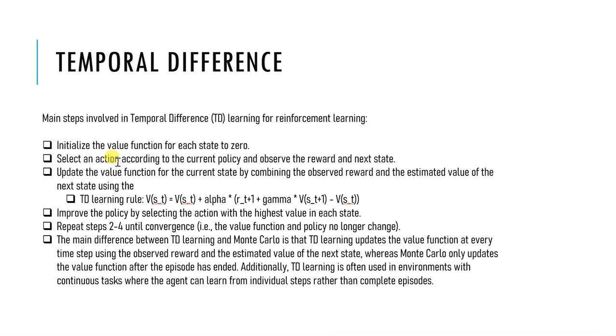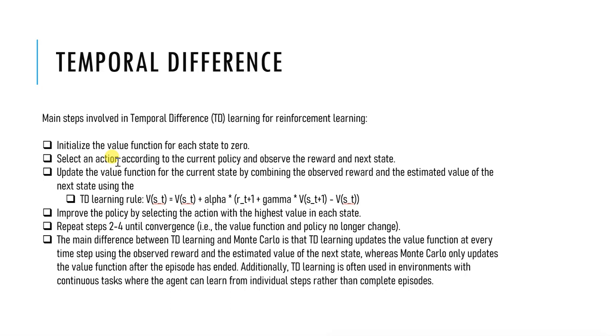Then we update the value function for the current state by taking the sum of the current estimated value and the difference between the observed reward and the estimated value of the next state, that is the temporal difference error. Then we update the policy by selecting the action with the highest value in the current state, and we repeat the steps until convergence, so that the value function and the policy no longer change.